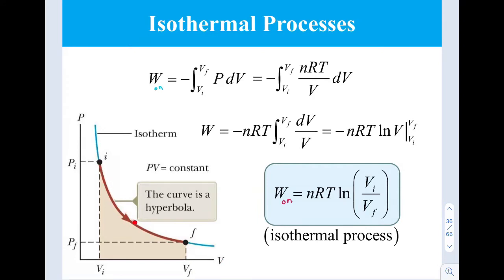Since this is a hyperbola curve, we have to integrate the pressure function with respect to the volume changes, from the initial state to the final state, integrating P with respect to dV. It is negative here because we want to calculate work done on. As we know, previously, work done on is equivalent to negative P delta V.